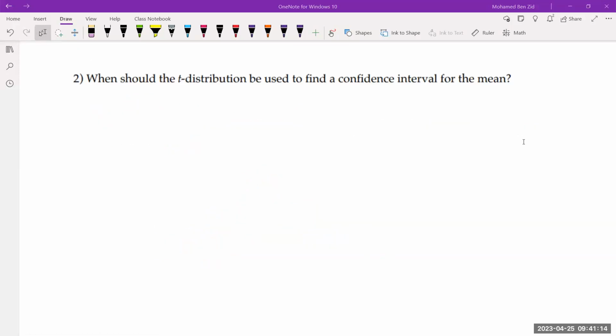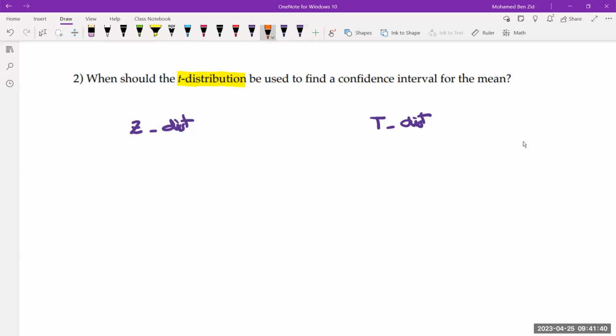In question number 2 here, he's asking you, when do you use the t distribution? I think it's easier to figure out when you use the z distribution, so let's compare them together, z versus t distribution. The z distribution, we use it for two conditions.